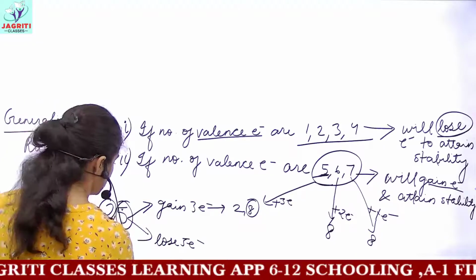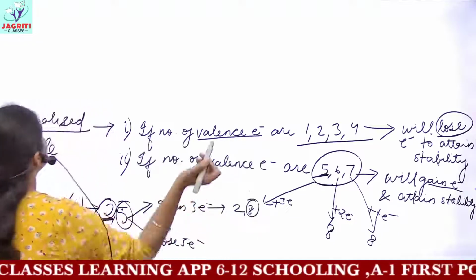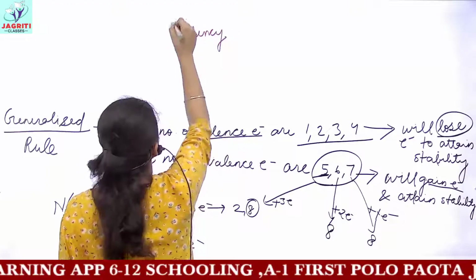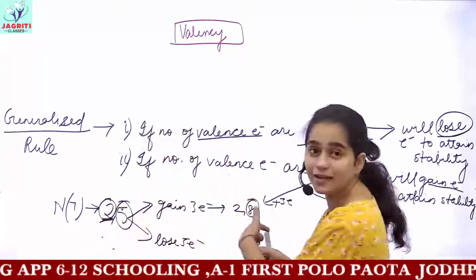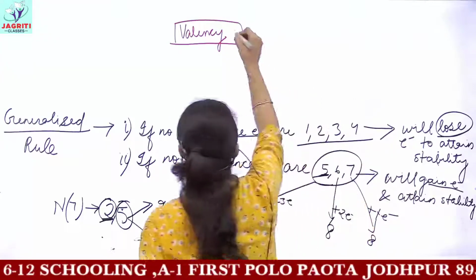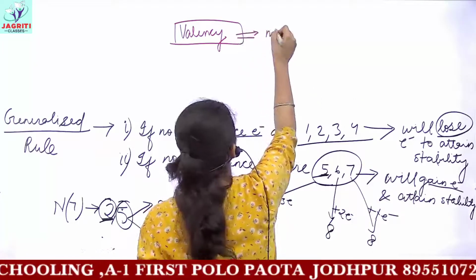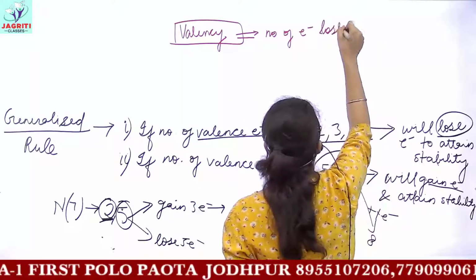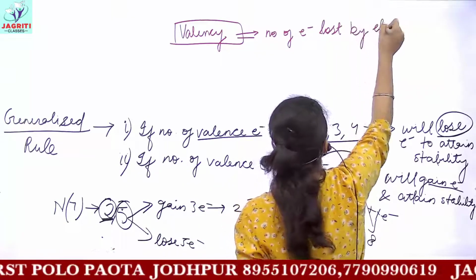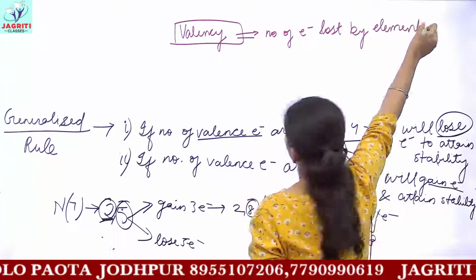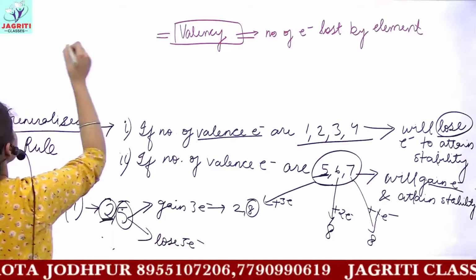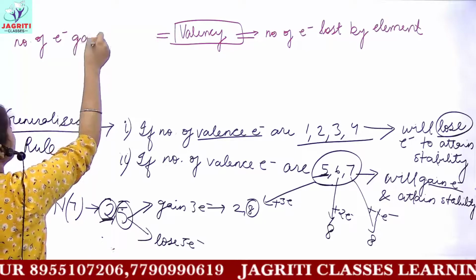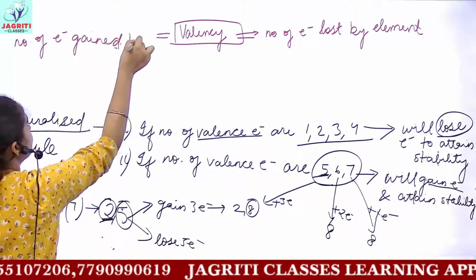Now I can also write, what do we now mean by valency? As I have discussed this generalized rule, you can say that valency is equal to the number of electrons lost by the element, or you can say valency is equal to the number of electrons gained by the element.